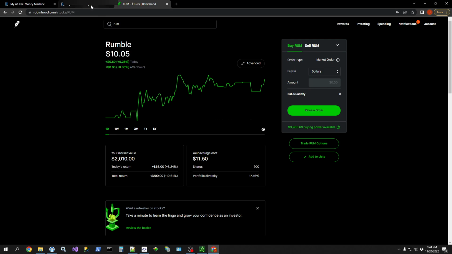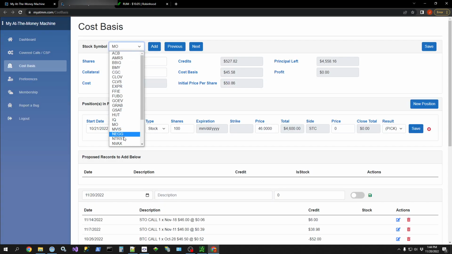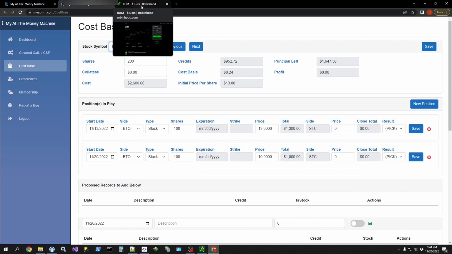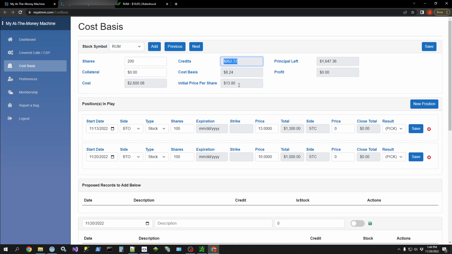All right, so RUM, what do we have on RUM? We have 200 shares that we own, and to make all this money as profit, we need to be at $13 a call. And to break even, we need to be down here.